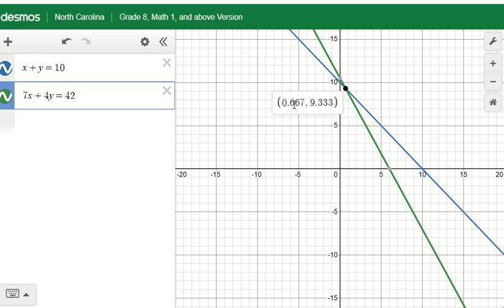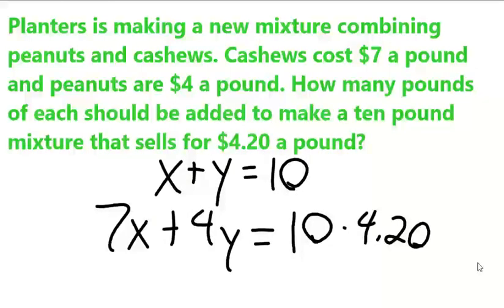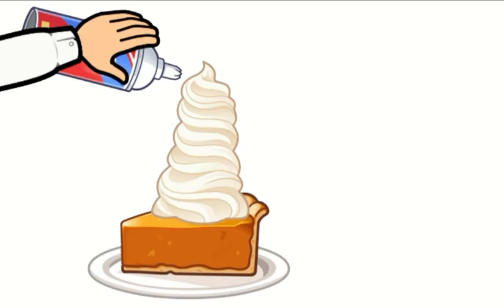That is 2/3 for the X value, so 2/3 a pound of cashews, and that's 9 1/3 pounds of peanuts then. Any questions on that one? As I said, Desmos helps a whole lot, but it's not going to be completely magical where it just gives you everything you need. You got to do a little bit of work to kind of help it out.